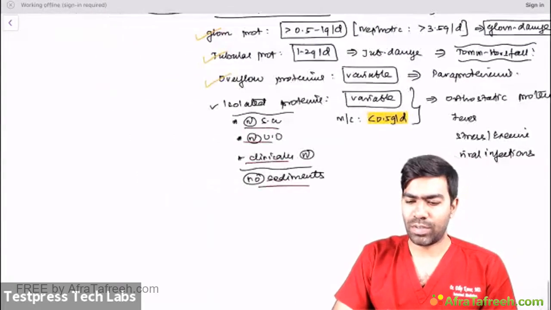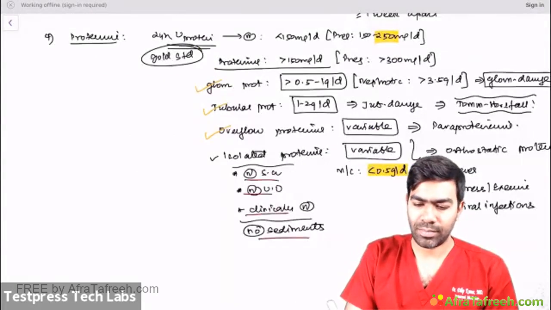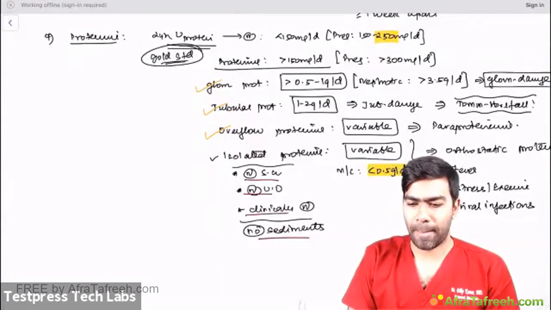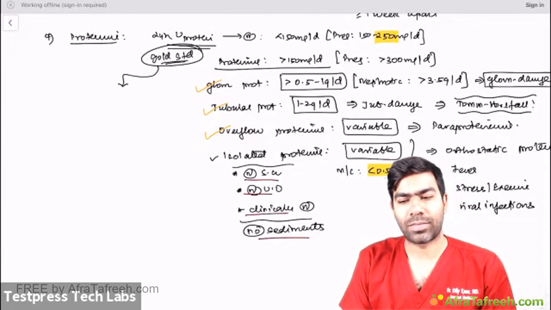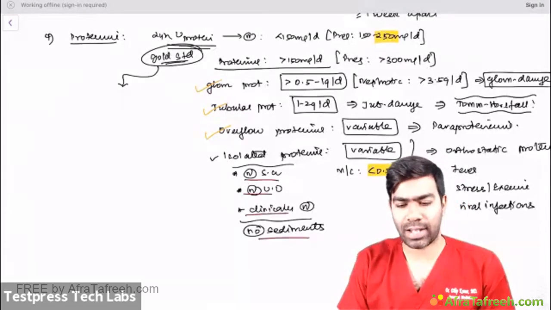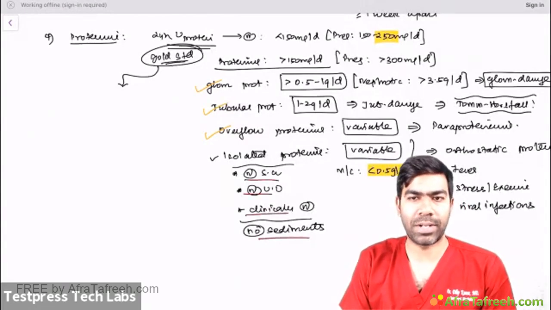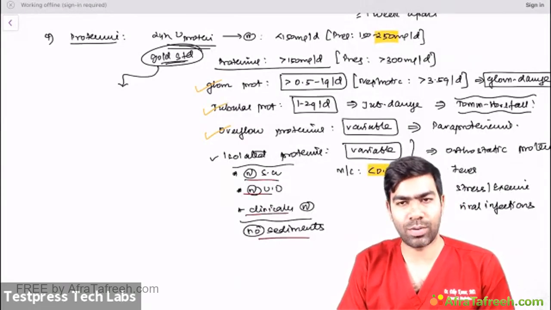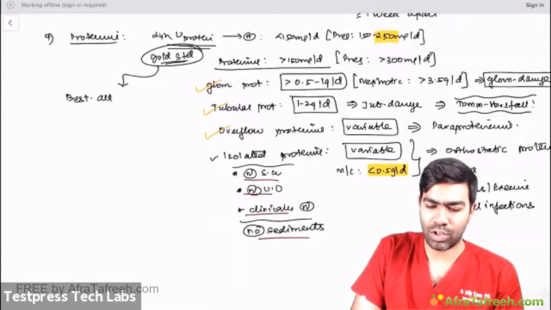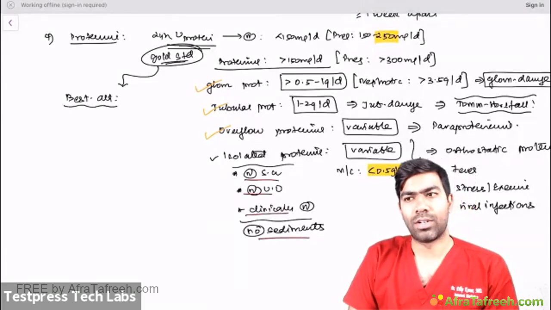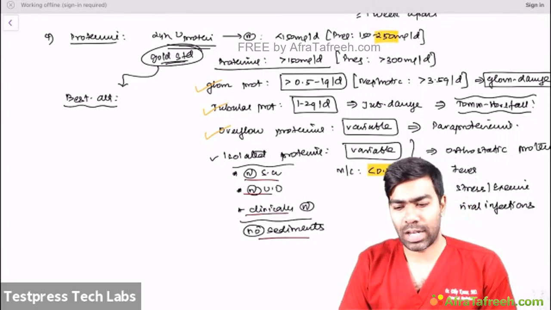Even though we call 24-hour urine protein the gold standard, the main problem with it is that it is very cumbersome and many patients will not be willing to collect a 24-hour sample. What is the best alternative? They ask you the best alternative for 24-hour urine protein. Anyone can tell?